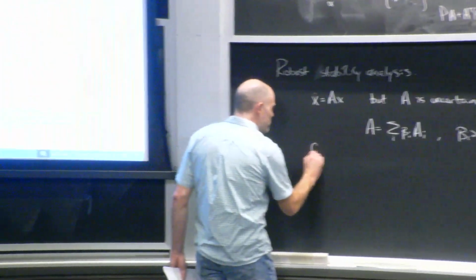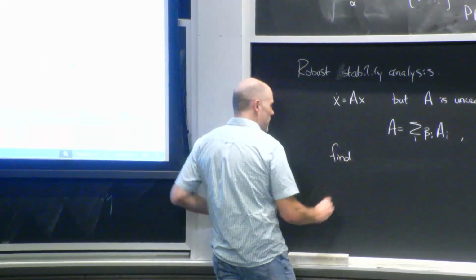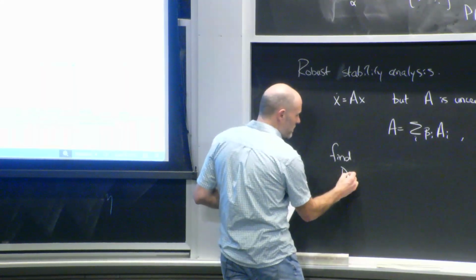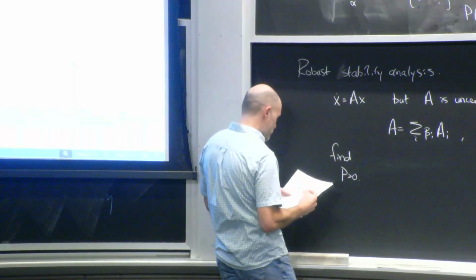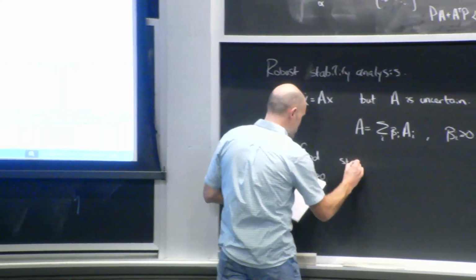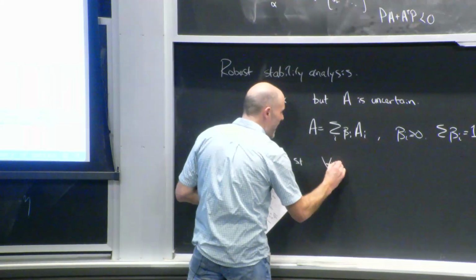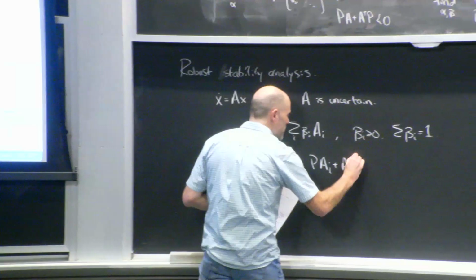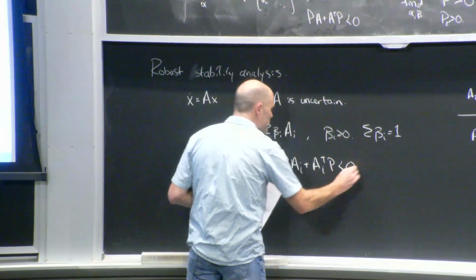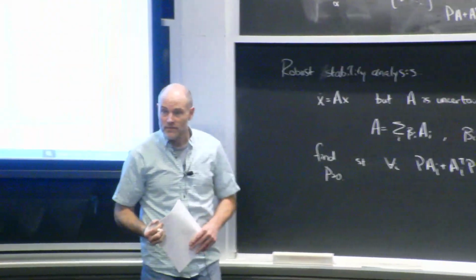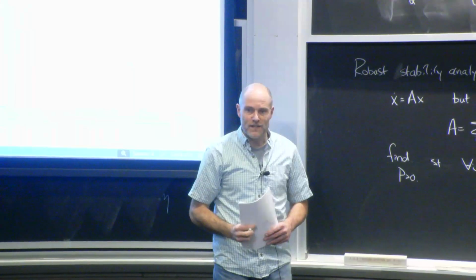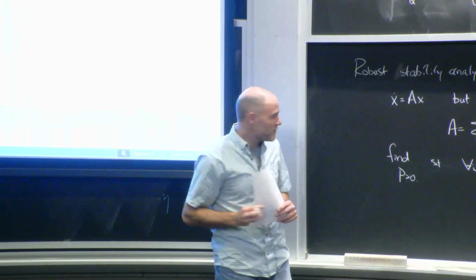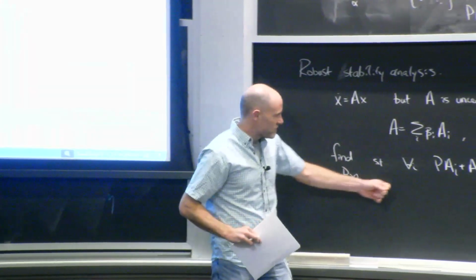If you can find me, I'm going to abstract this, find me a P greater than 0, such that for all i, P A_i plus A_i transpose P is less than 0, then you've done something pretty cool. First of all, let's agree that this is still a semi-definite program.